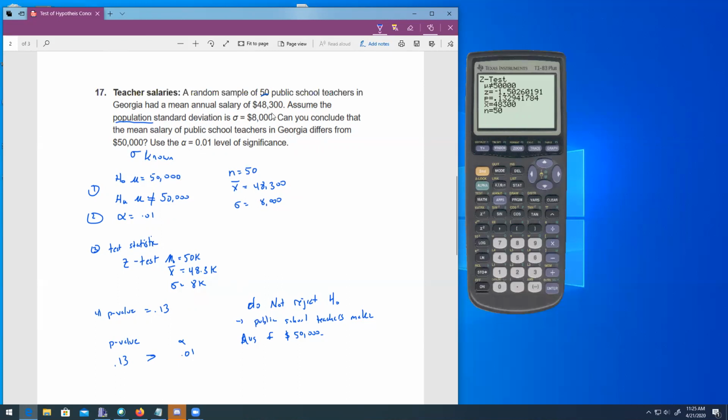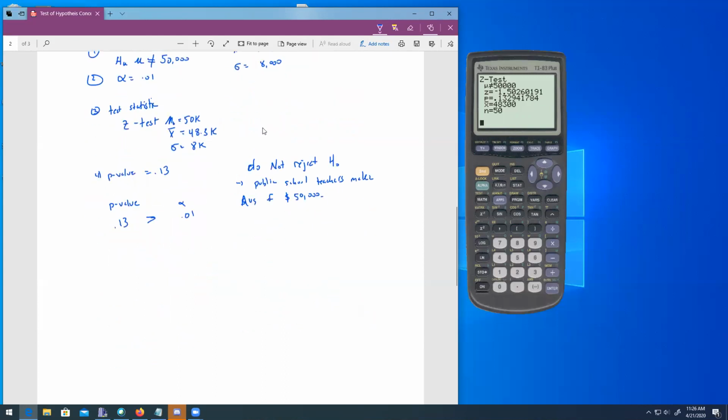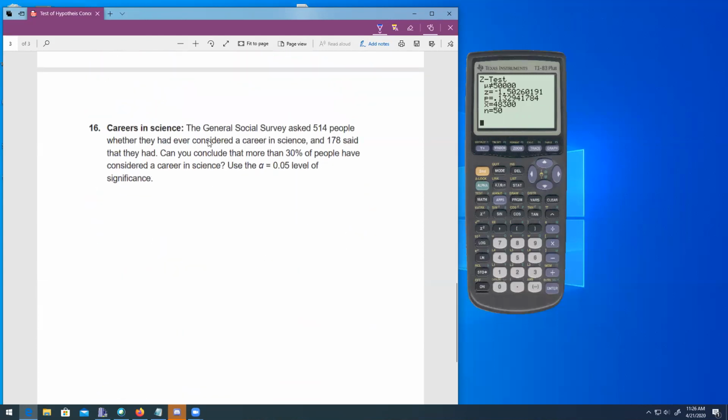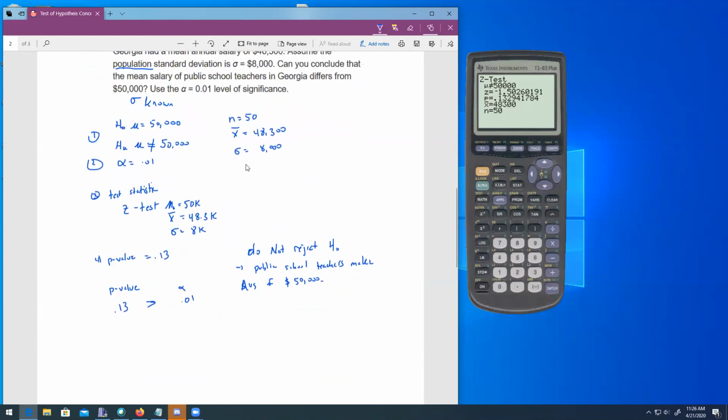How do I know it's a z-test versus the proportions? Well, they didn't say here's 50 school teachers and 28 of the 50 make above 50,000. They actually calculated out the salary. This is a measurement. That's how they're treating it. Technically you can count up the dollar bills, but they're treating this as a measurement.